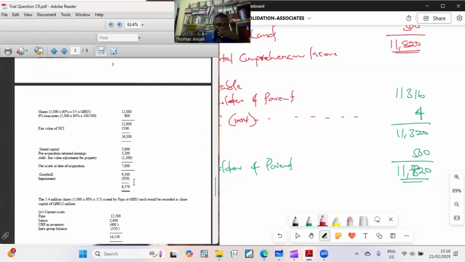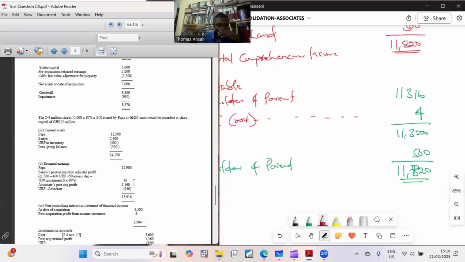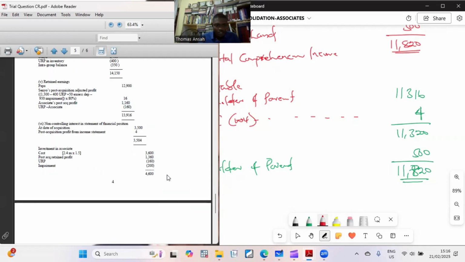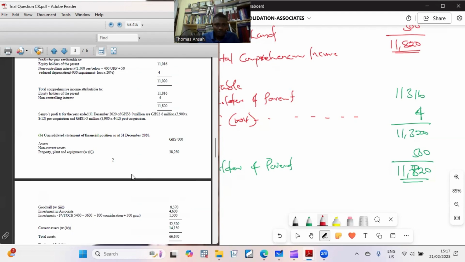All right. Apart from that, what else? The retained earnings. There are a lot of things that didn't come. So you will have to check that. All right. Here is correct. Balance sheet.